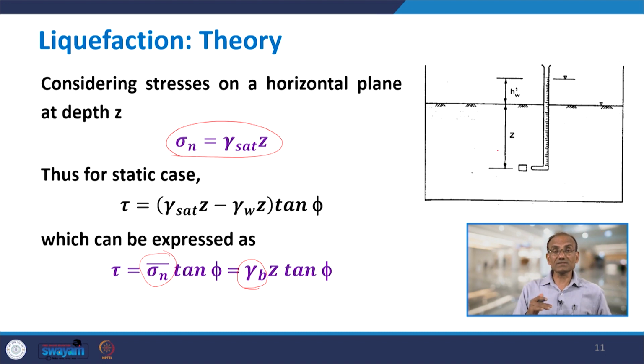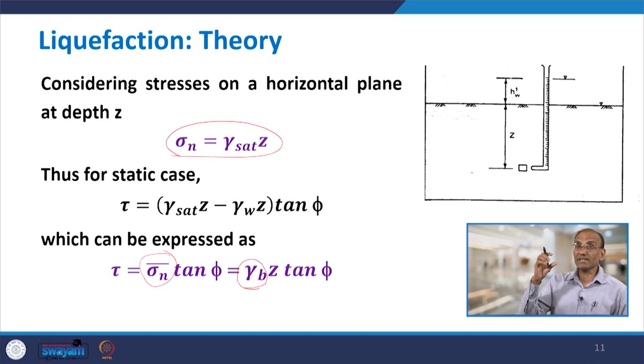But all this was for a static case, when there is no shaking. When you shake this, what happens? Let us say we put a piezometer here. Before shaking, the level of water inside this piezometer will be only up to the ground level, it will not be increased. But when you shake it, the water level increases in this tube, which is the piezometer, let us say by an amount HW.